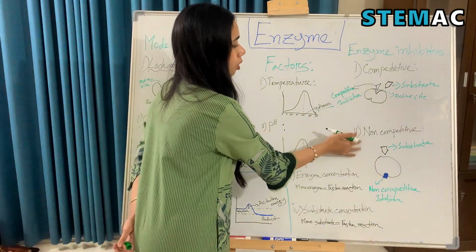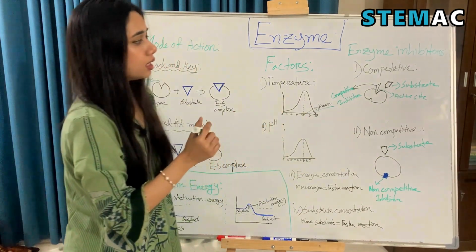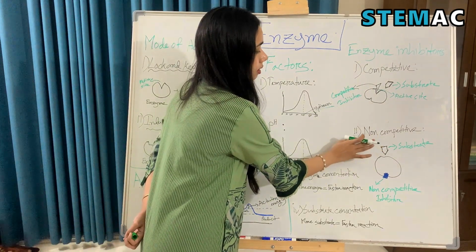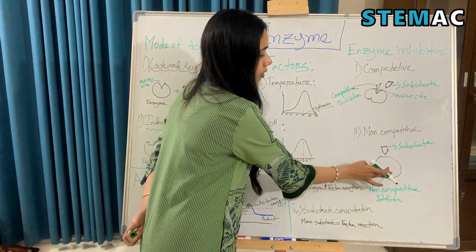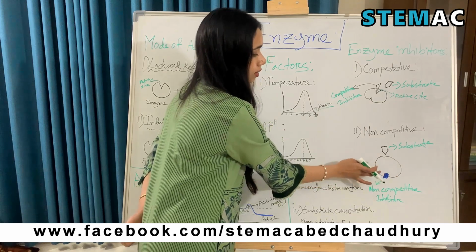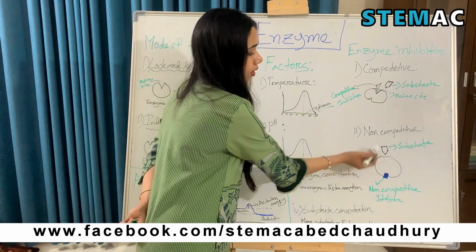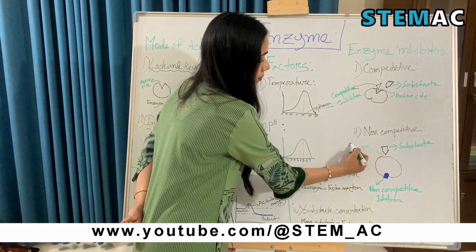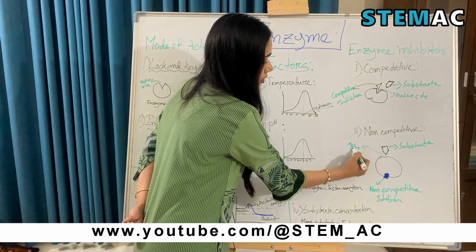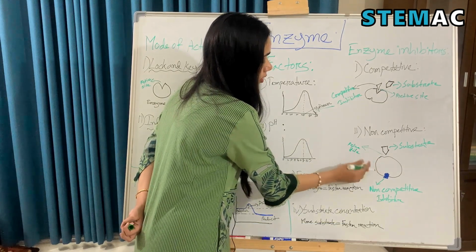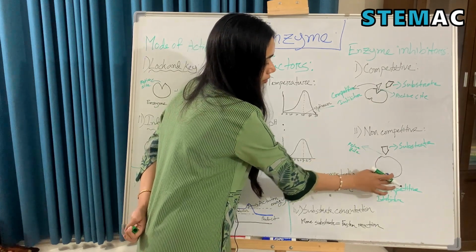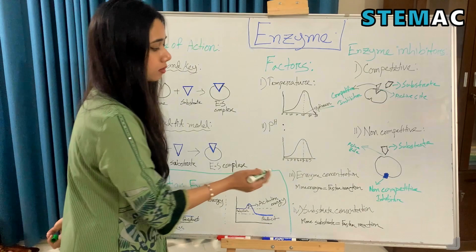Next, we have non-competitive inhibitors. It is another type of inhibitor, but in this case, the inhibitor will bind to another site of the enzyme instead of the active site. So here you can see, if this is the active site, it will not bind to the active site, but rather to a different location of the enzyme.